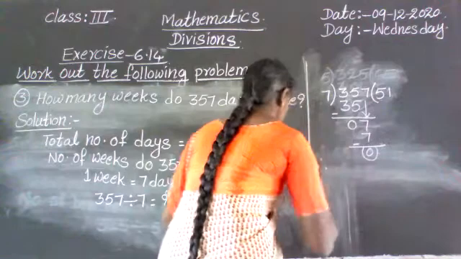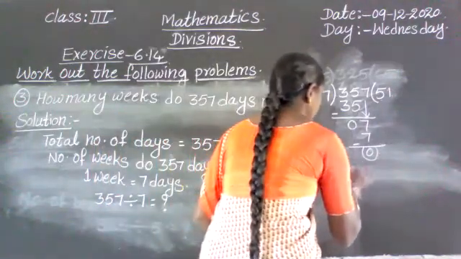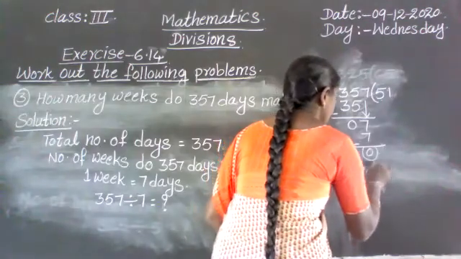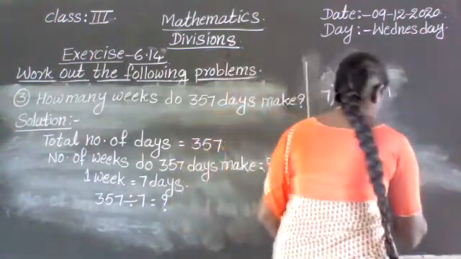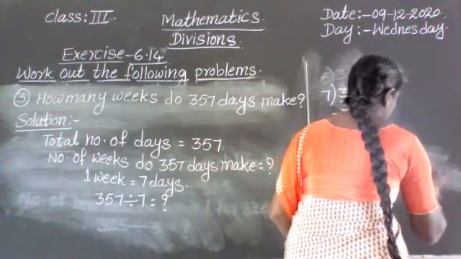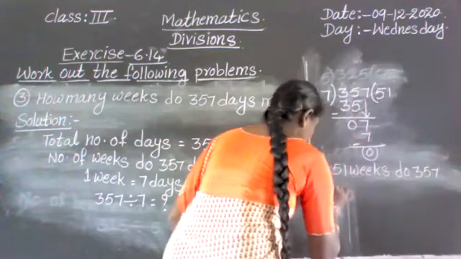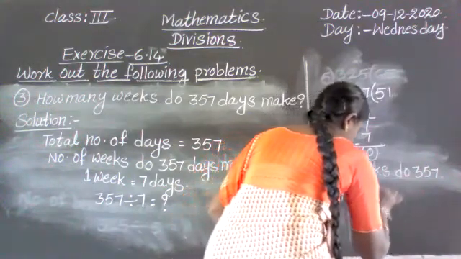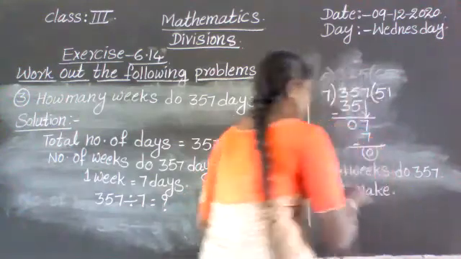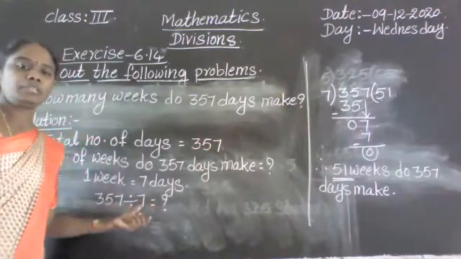Last step, answer. 51 weeks do 357 days make. Okay, this is the answer.